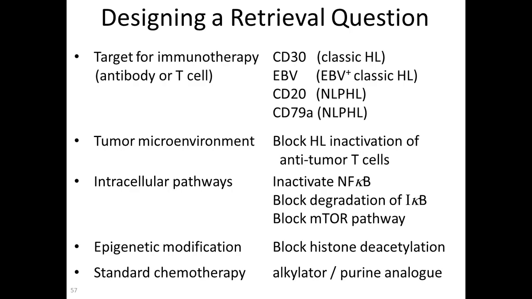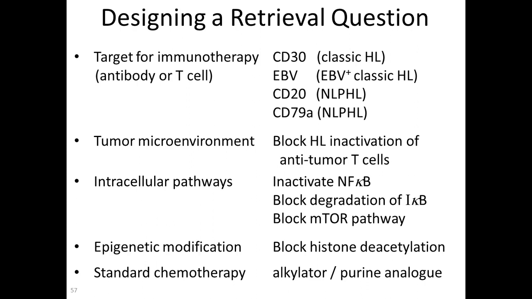So if I were going to design a retrieval question for the boards, I would focus on these topics, probably in the order that they appear here. I would look at potential targets for immunotherapy, you know, CD30 with rituximab, or EBV CTLs for EBV-positive Hodgkin lymphoma, maybe CD20 or CD79A for nodular lymphocyte predominant.